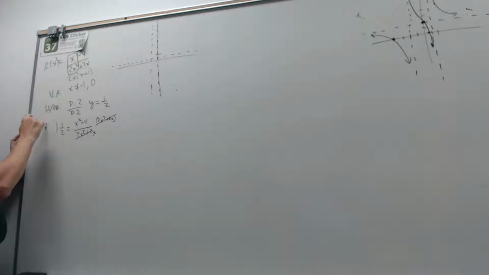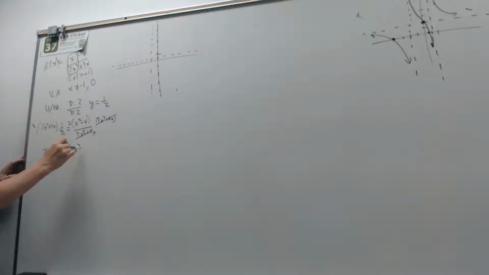I want to get rid of this 2 as well, so multiply both sides by 2. I'm left with 2x squared plus 2x equals 2x squared minus 8. Those cancel. 2x equals -8. So divide by 2, we get x equals -4.